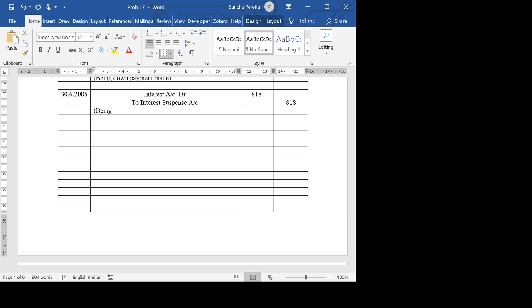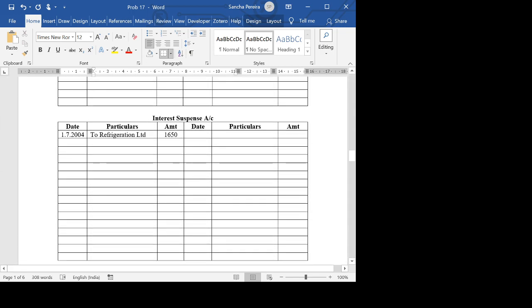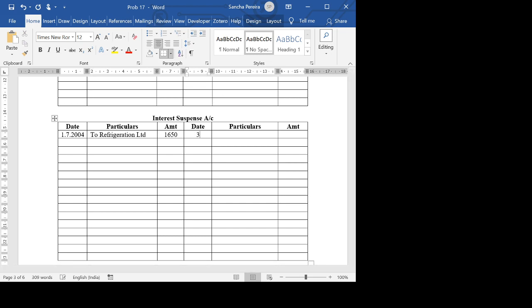You can say being interest on installment due. Okay, so same thing in the respective accounts. Interest account debit to interest suspense account. So where's our interest? In the interest suspense account, it will be by interest on 30th June 2005, by interest 818.